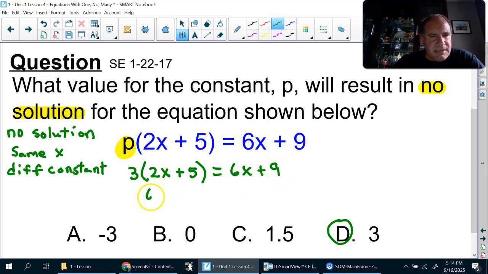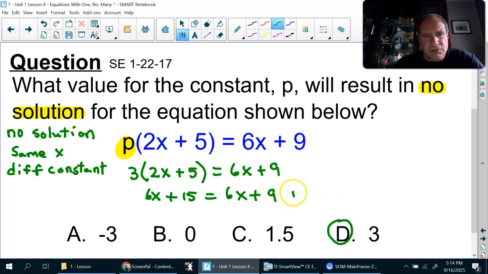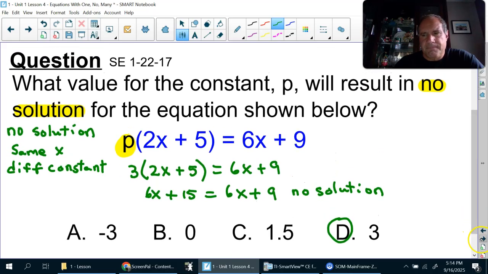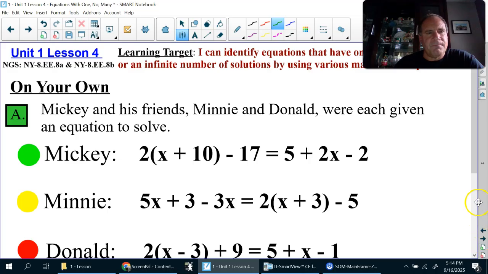So this is 6x. 3 times 2x is 6x plus 15 equals 6x plus 9. That's no solution. All right. And there you go.